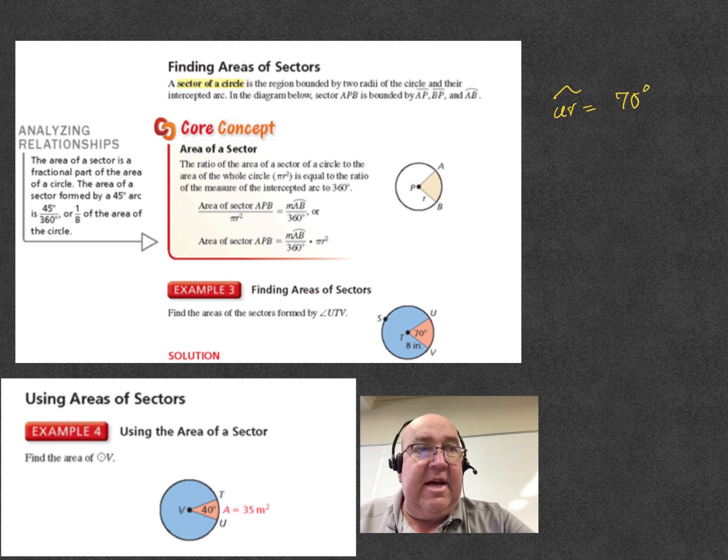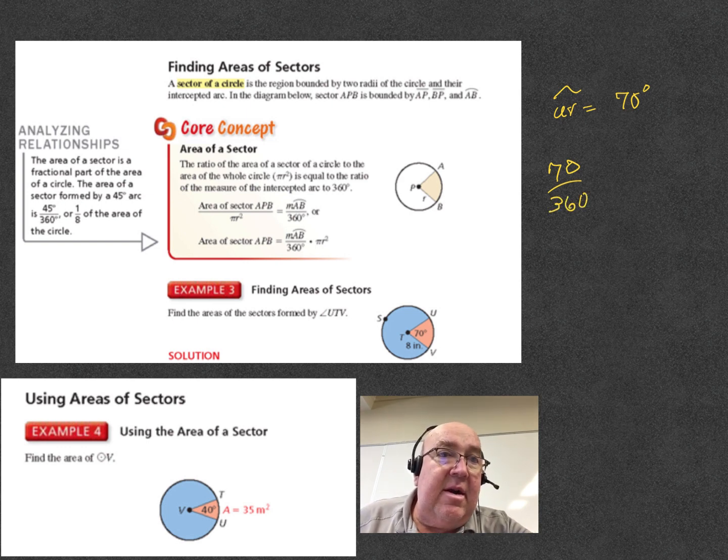So we're going to have 70 over 360 times pi r squared, and actually we're going to subtract it. So we're going to go and find the measure of USV instead.